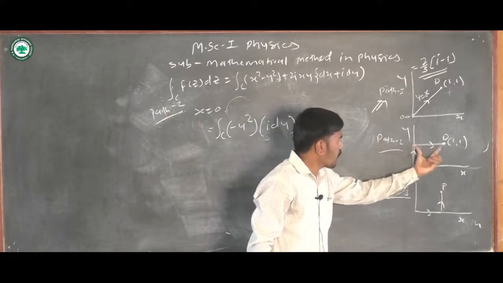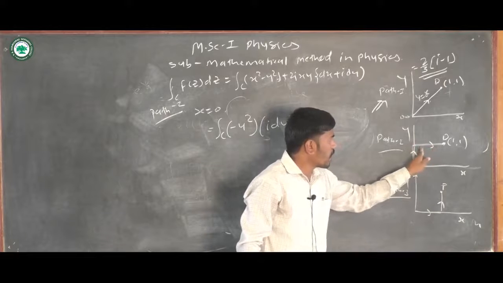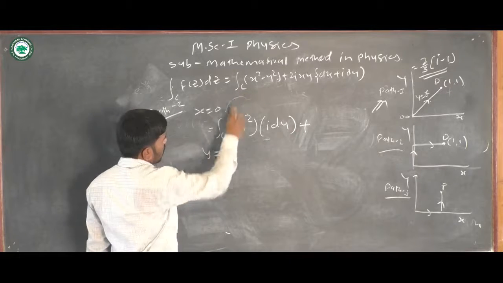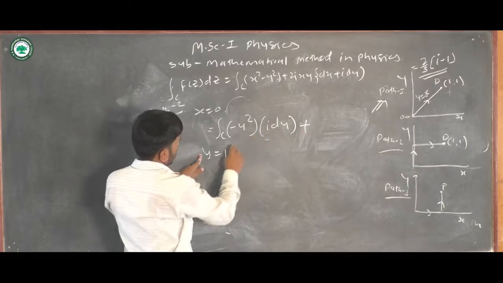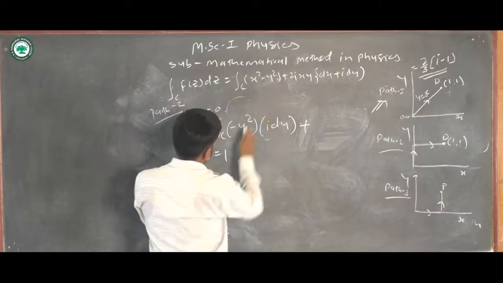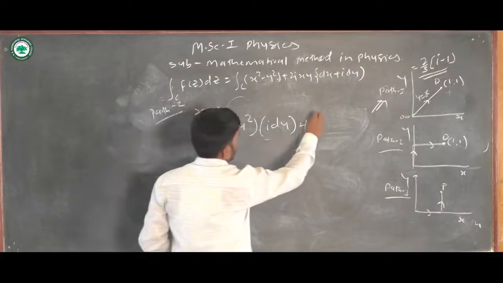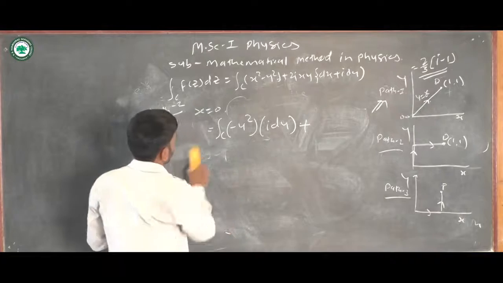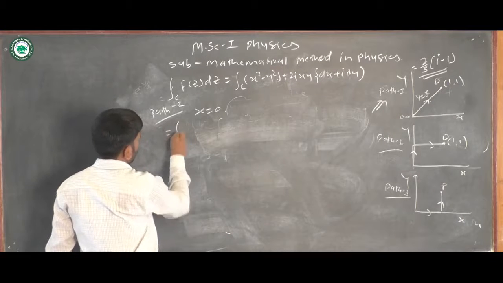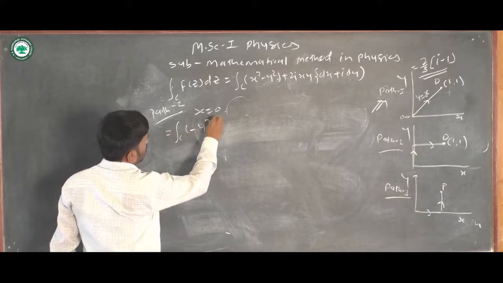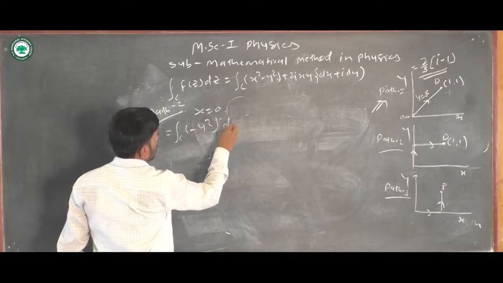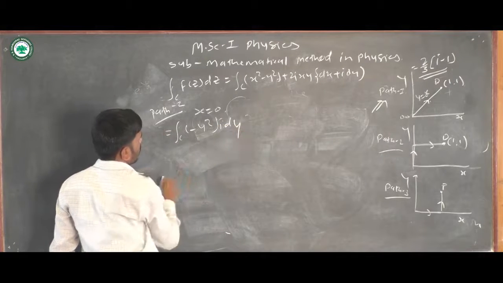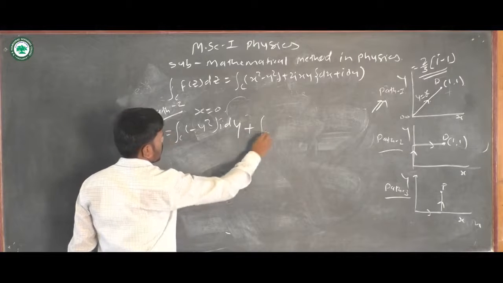Now if we consider here y is a constant and x is variable, so y is equal to 1. If you put the same in here, with y equal to 1, this expression becomes, I'm writing here first, integration of minus y square i dy, plus integration of the next part.